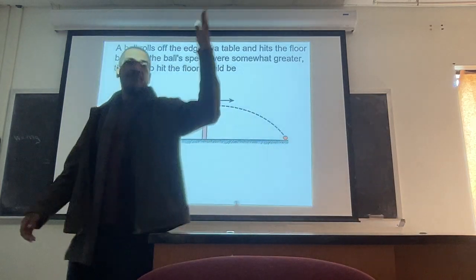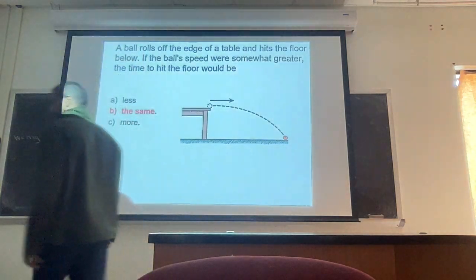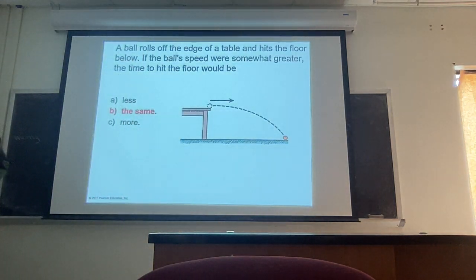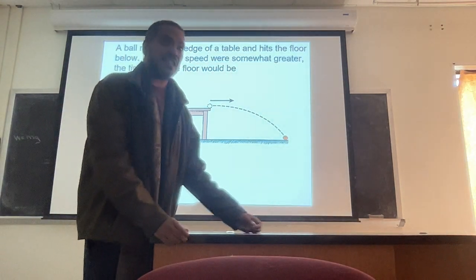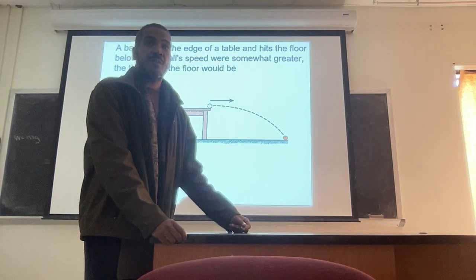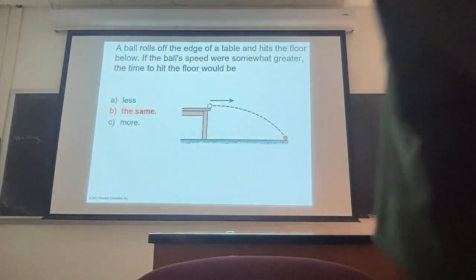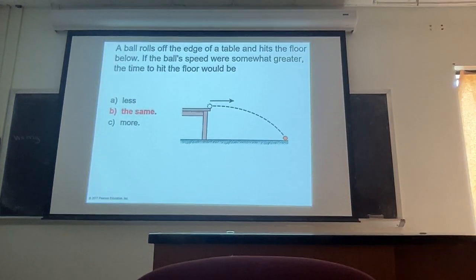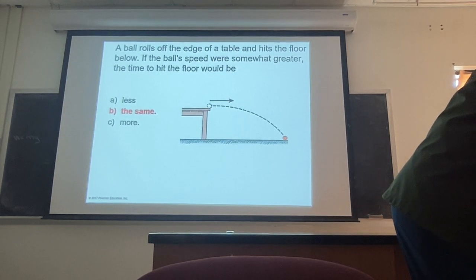So if I drop something off of the side of the table and I roll something off of the side of the table, they're gonna hit the ground at the same time, right? Why? Because the acceleration due to gravity in this direction is the same for both.